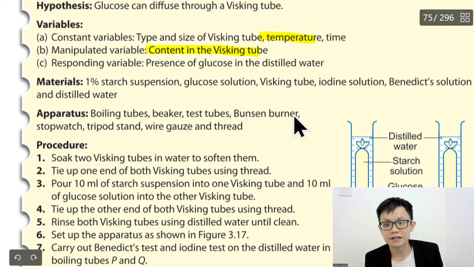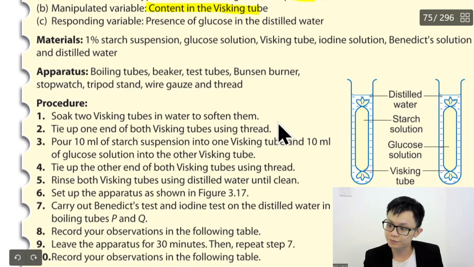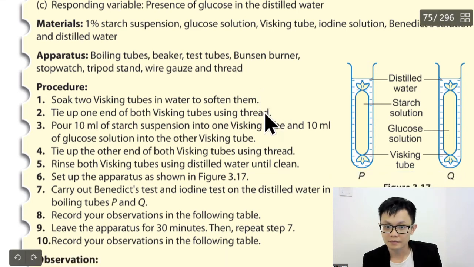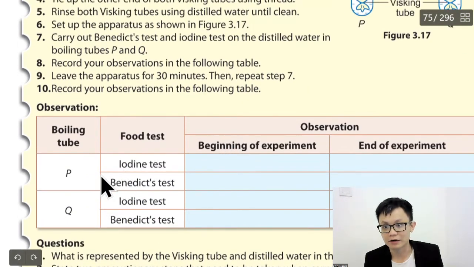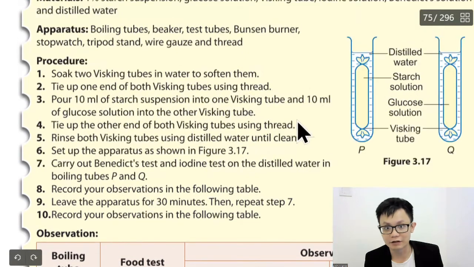Okay, there are a few experiments I want to do. It depends on how you want to do it, with a boiling tube and a cup. Let's see what they want to put in. For the first one, they pour 10 ml of starch suspension.